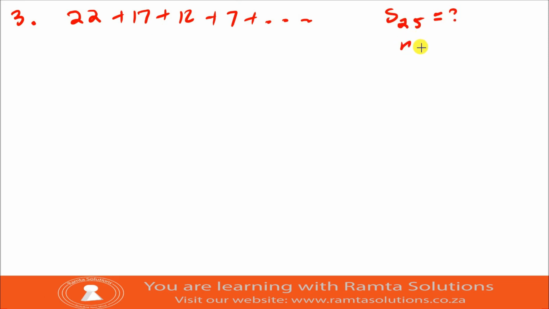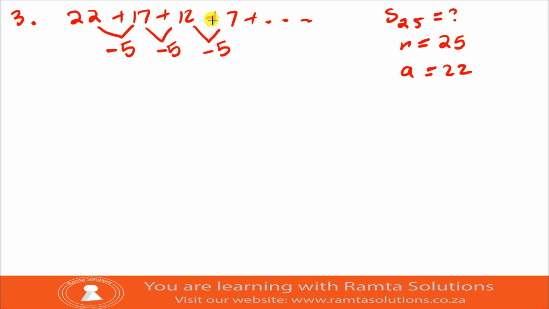The number of terms is 25. Our first term is 22. Let's look at the common difference: 17 minus 22 is negative 5, 12 minus 17 is negative 5, and 7 minus 12 is negative 5. So our common difference is minus 5.